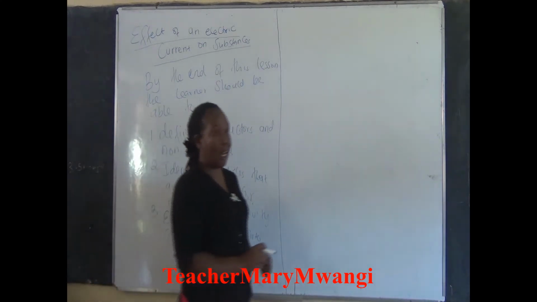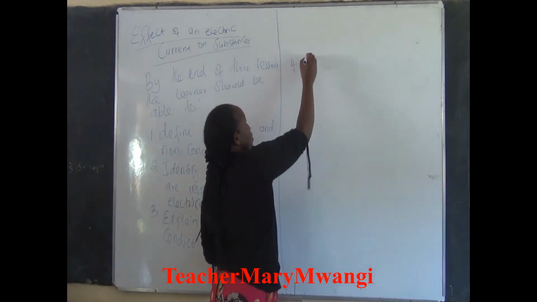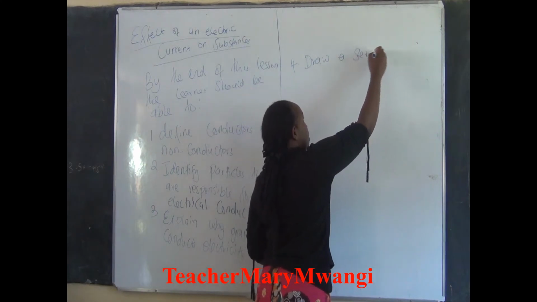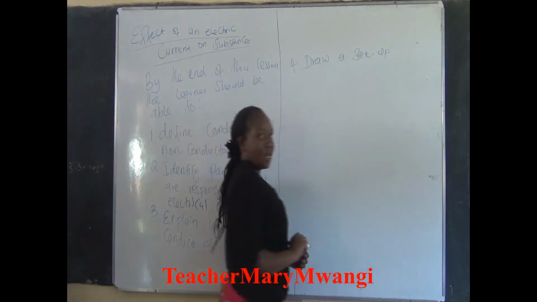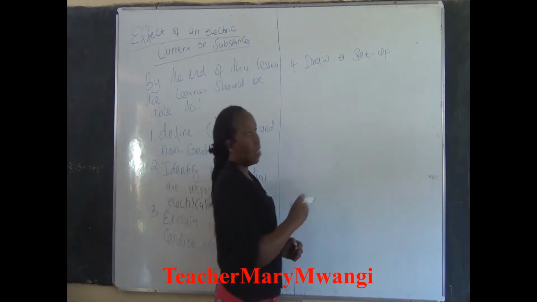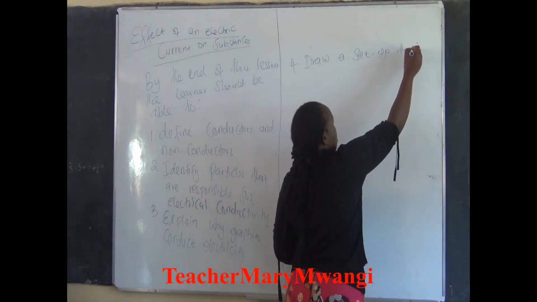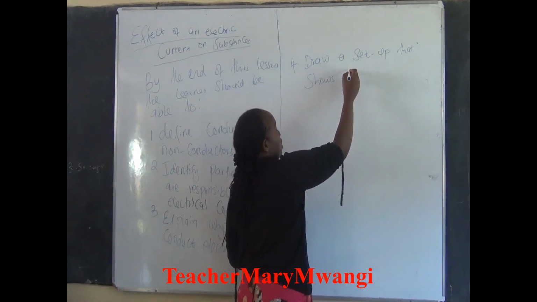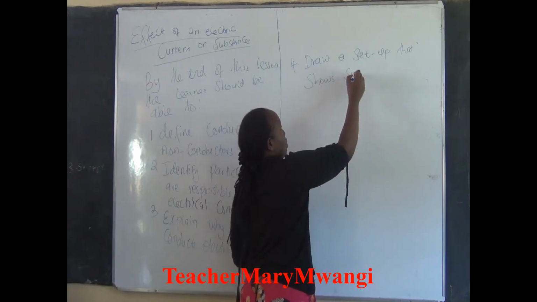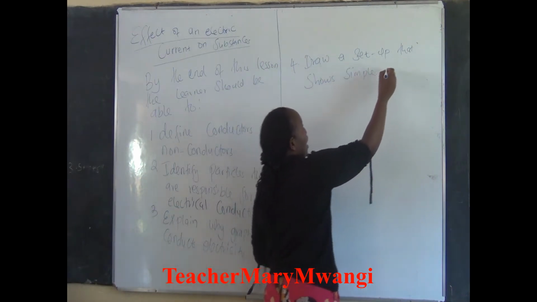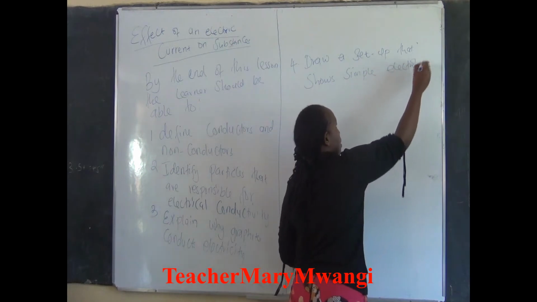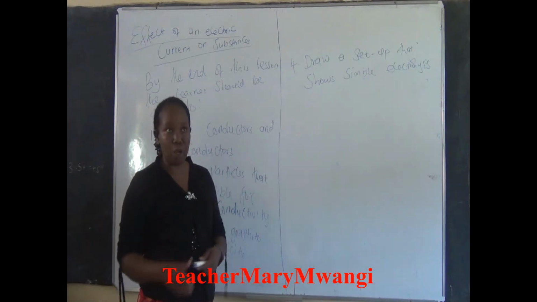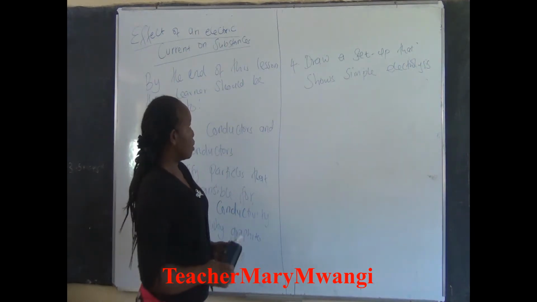And finally, the learner should be able to draw a setup that shows simple electrolysis. So these are our few objectives that we are going to meet in this lesson.